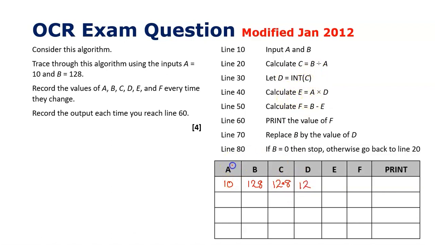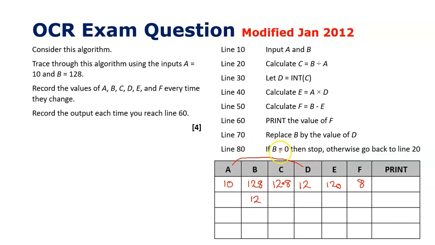E equals A times D, so I'm multiplying that by that, so that's 120. And then F is B minus E, so that's 128 minus 120, so that's 8. Okay, and it says replace B by the value of D, so the B 128 becomes 12.